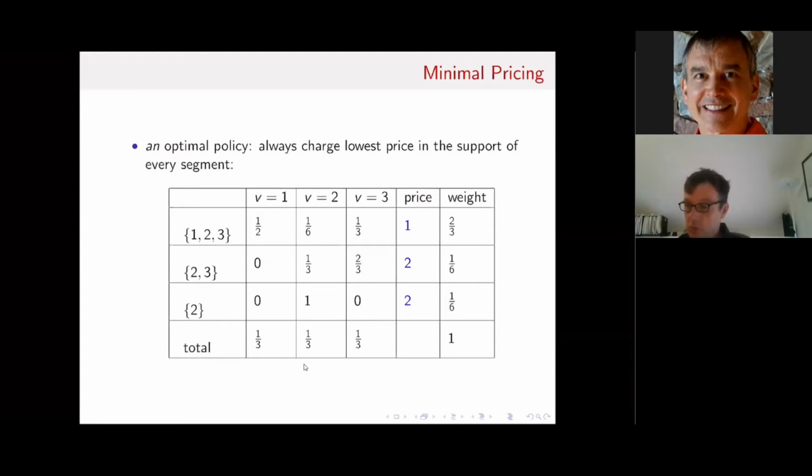In the segment 2, 3, I'm going to charge the price 2. And in the segment 2, I'm going to charge the price 2. If I'm charging the lowest price in the support of every segment, then all the consumers in that segment will be willing to buy. And therefore, we're going to get an efficient outcome.